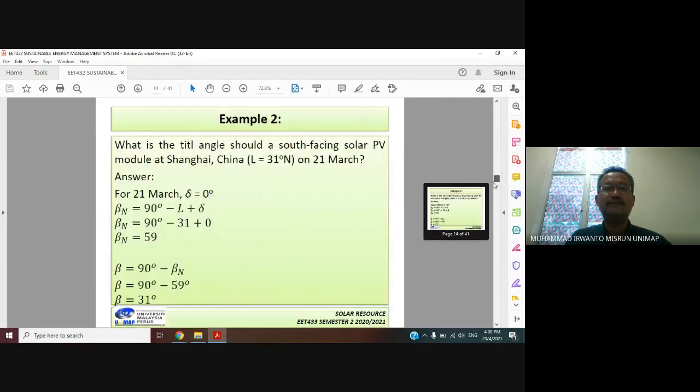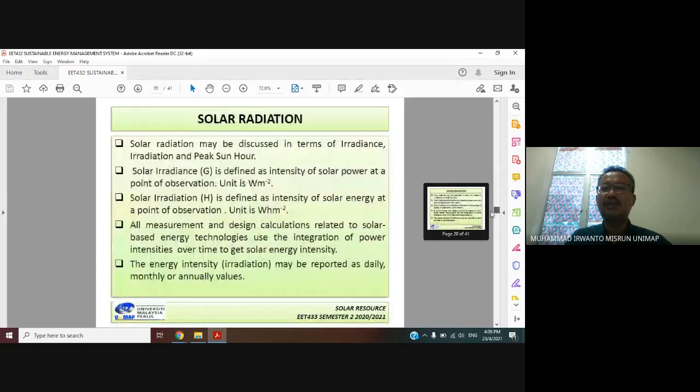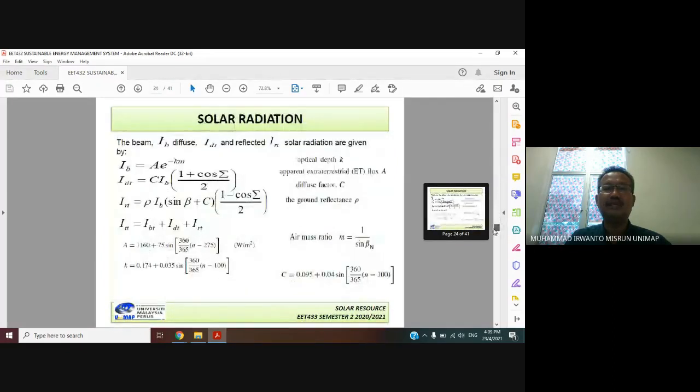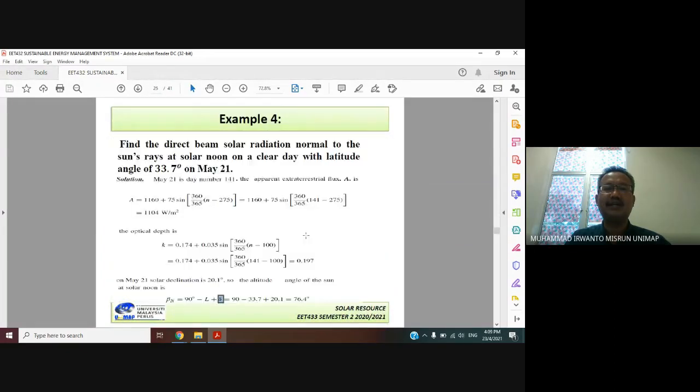So beta N equals 90 minus 33.7 plus 20.1, which is 76.4.